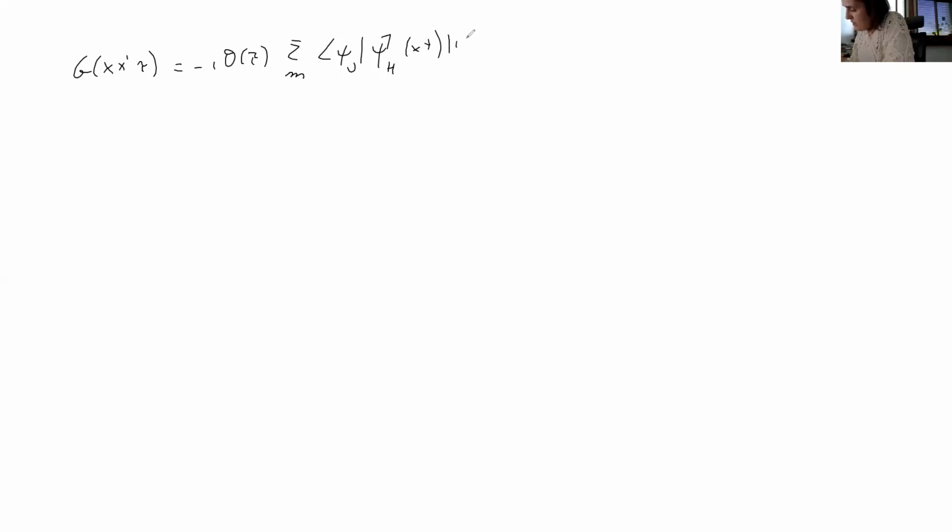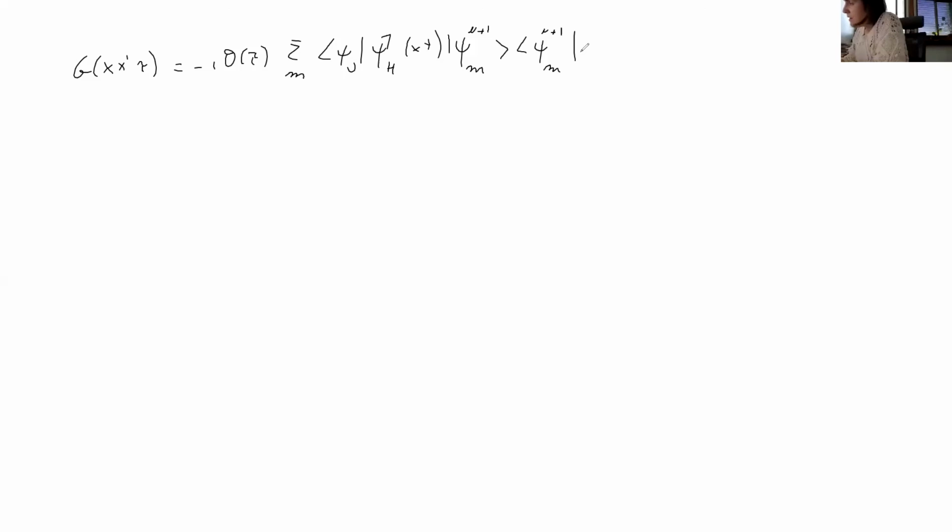Now I insert my complete set of states, and the only ones which will survive, of course, the number of particles can be, as I said, from 0 to n, but the only ones which will survive here are the ones with n plus 1, because your field operator will destroy a particle, and otherwise, vector states with a different number of particles are orthogonal.